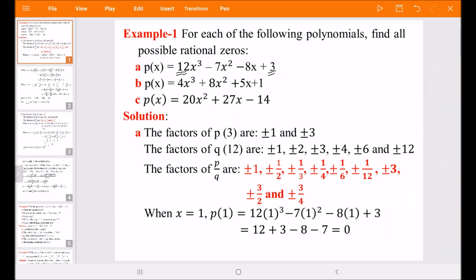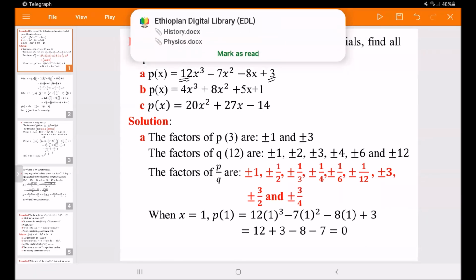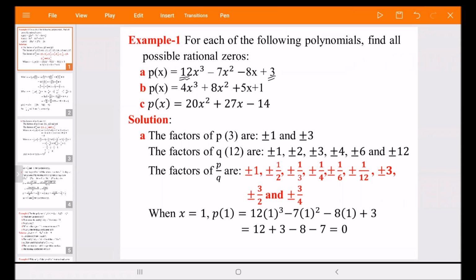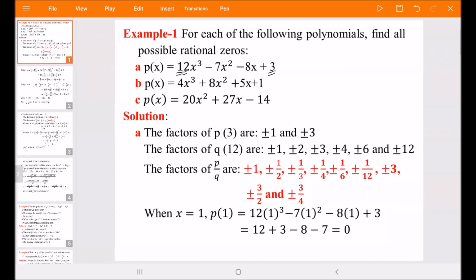Therefore, this polynomial is of degree 3 and can have at maximum 3 different zeros, and if these rational zeros exist, then they must be from among these 18 rational numbers.